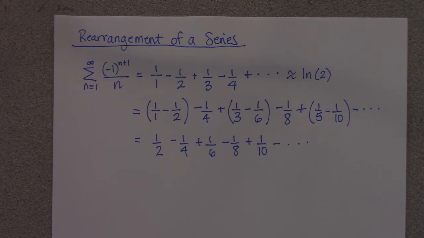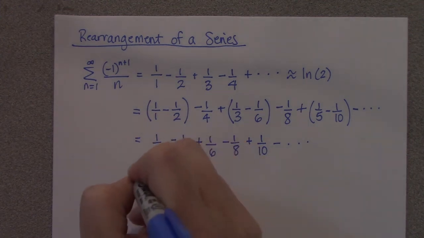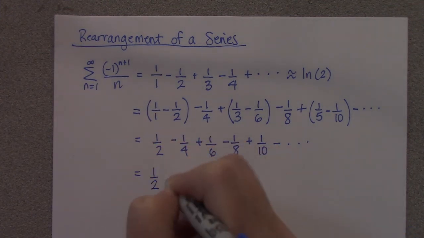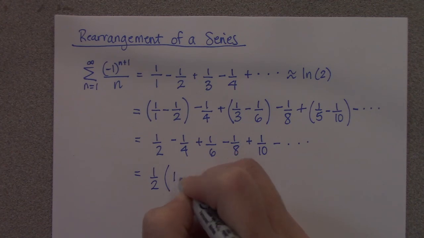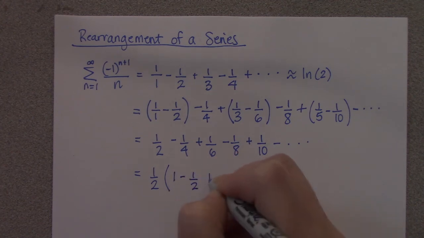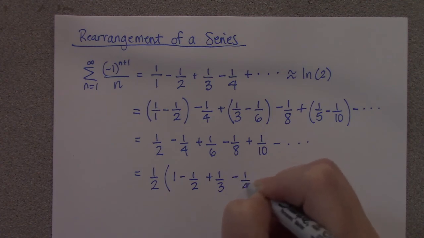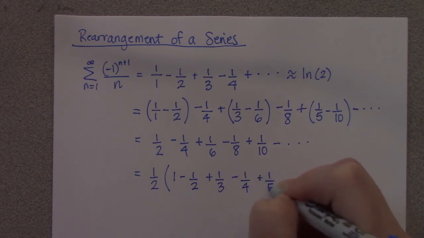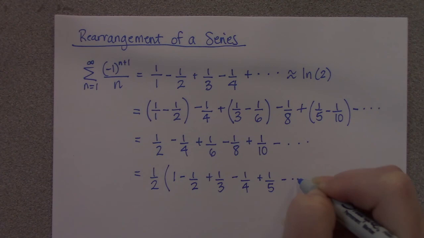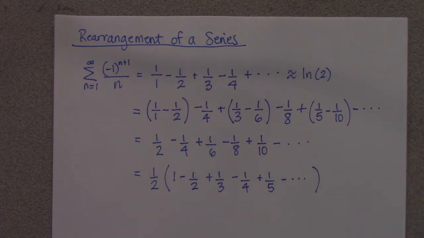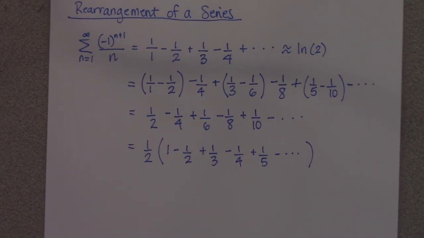So since all the denominators are even, I can factor a 1/2 out front. I can take a 2 out of every denominator. So then, let's pull a 1/2 out front. And now I'm left with this. And that will go on all the way to infinity.